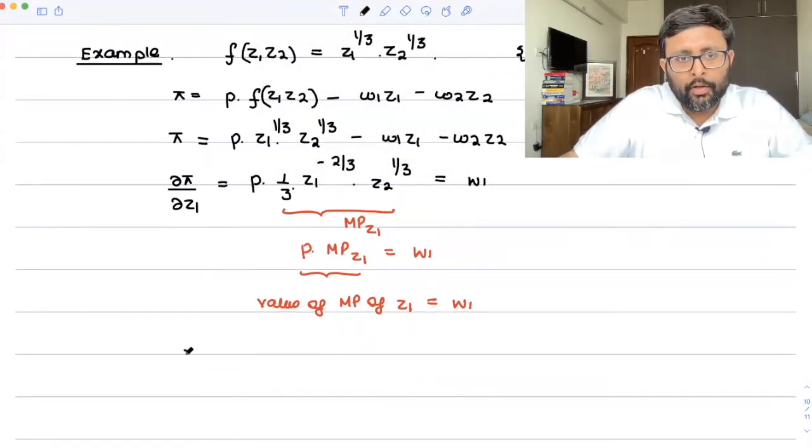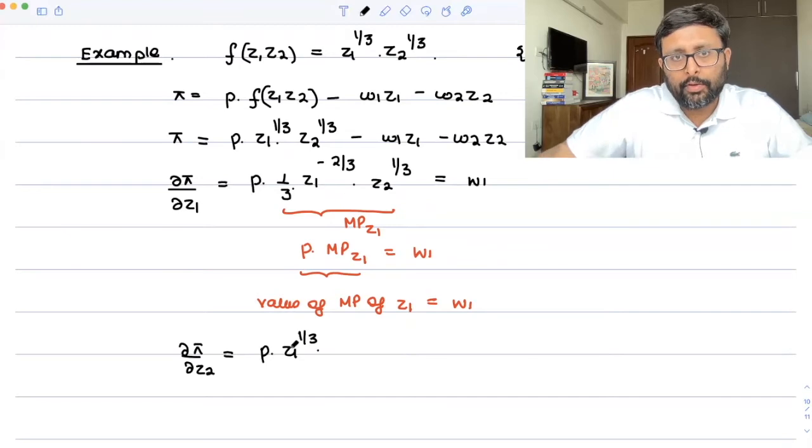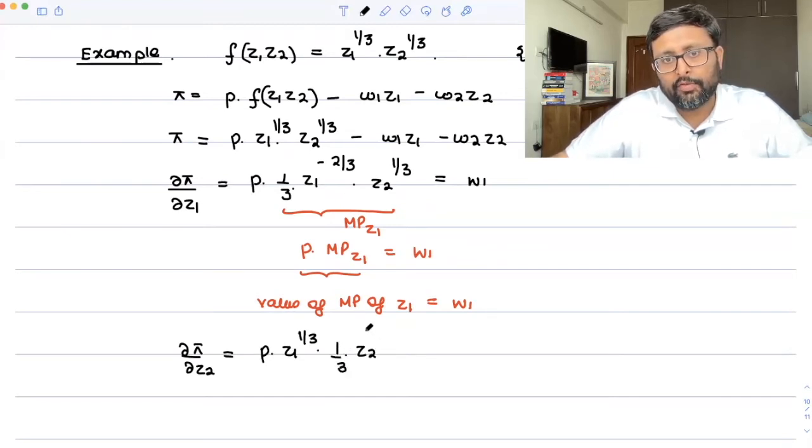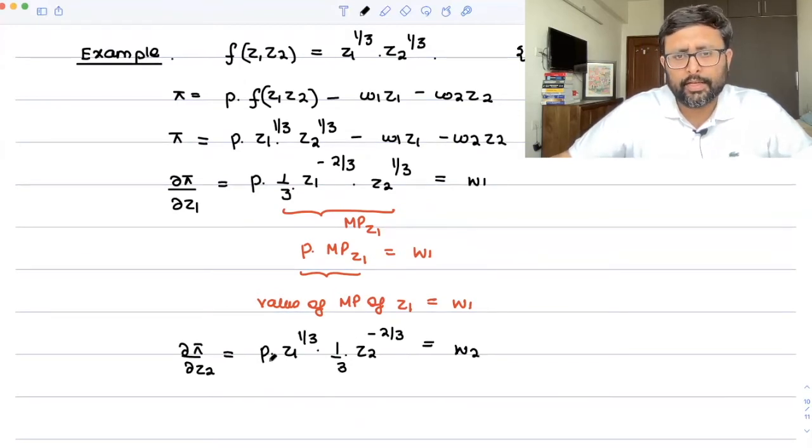Del pi by del Z2 would be what? P times Z1 to the power 1 by 3, times 1 by 3, Z2 to the power 1 by 3 minus 1, which is minus 2 by 3, equals W2. Right. This minus W2 equals 0.